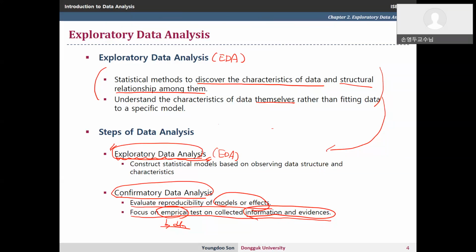So confirmatory data analysis focuses on the empirical test on the collected information and evidences, which are usually derived from the sample. So this confirmatory data analysis is highly related to the inferential statistics. Okay.